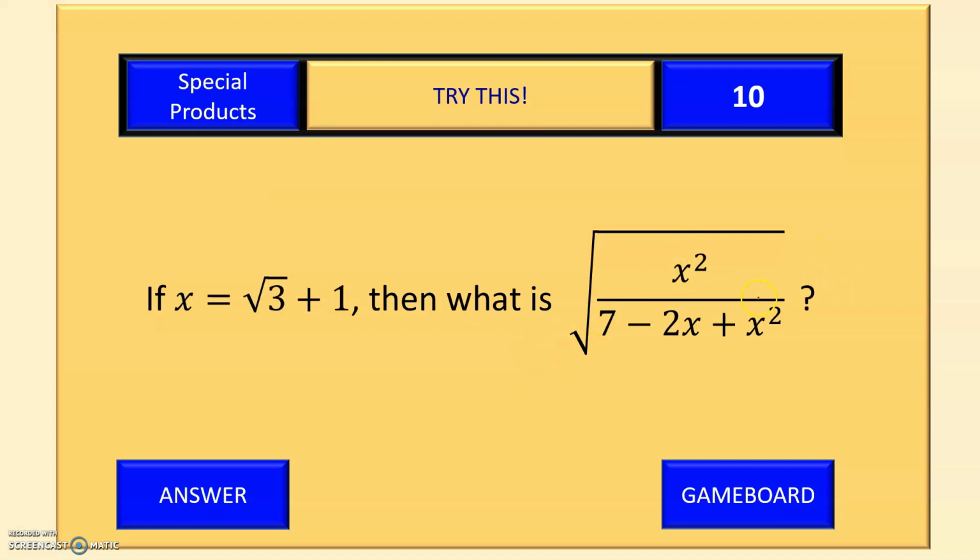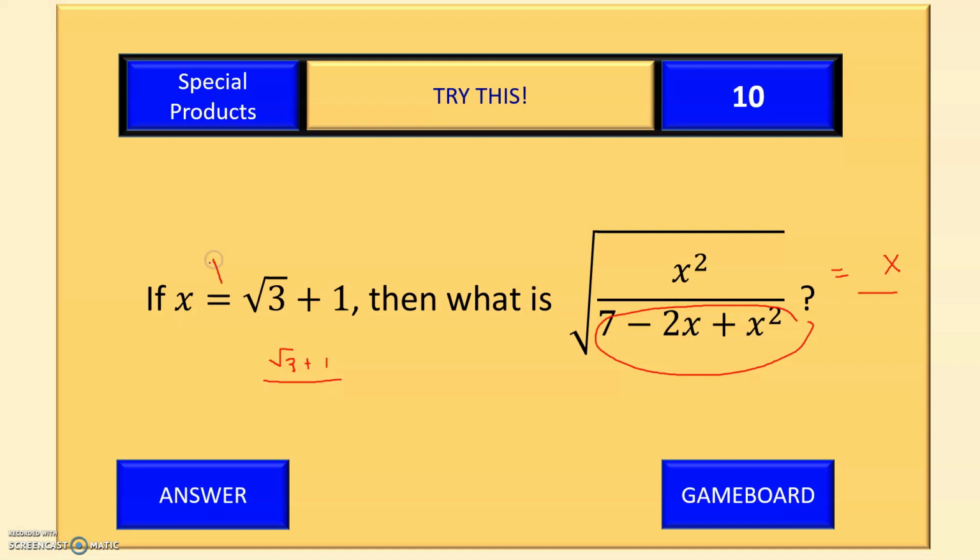So therefore, this is already equal to x, all over whatever the value of the denominator is. So I already have square root of 3 plus 1 in the numerator. Okay? See that? So how are we going to get the value of 7 minus 2x plus x squared?